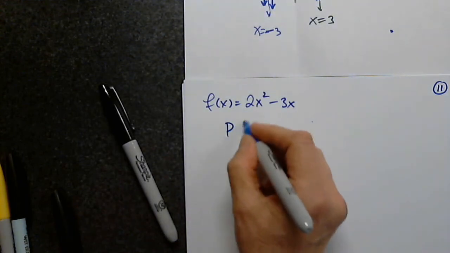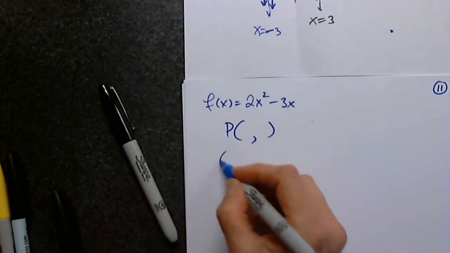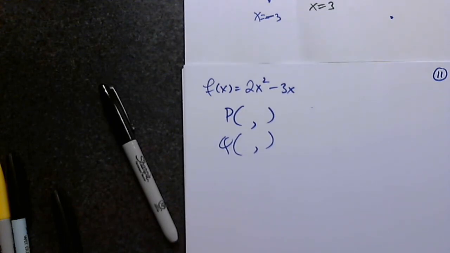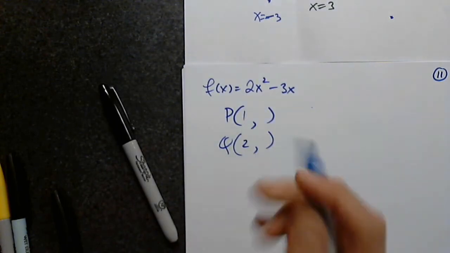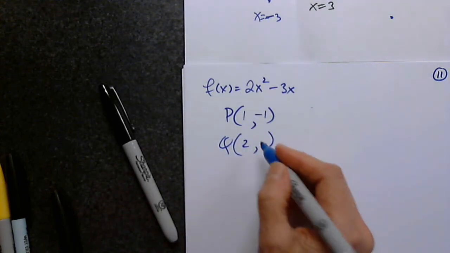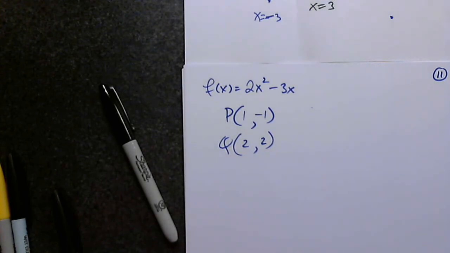So let's create a point, and let's create another point. Well, let's say 1 and 2. What is the y-coordinate for 1? Perfect. And what is the y-coordinate for 2? Very good, awesome.